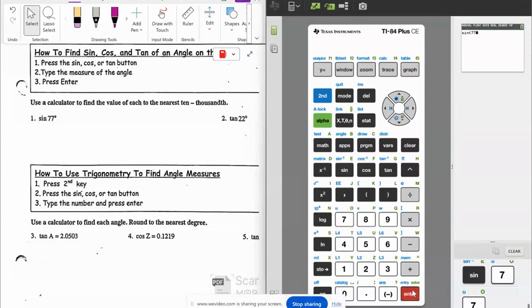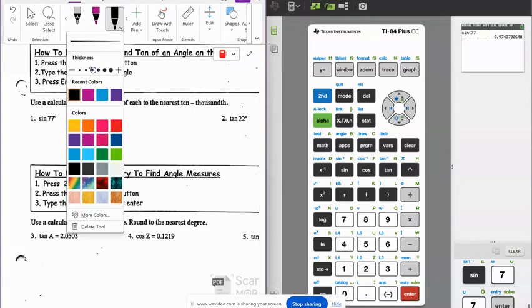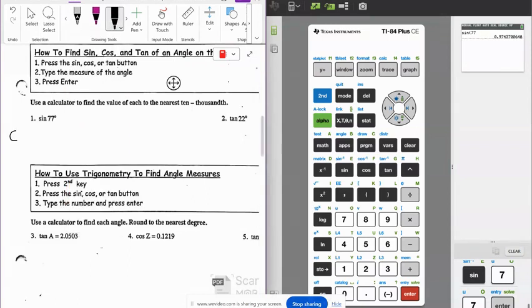And then we will press enter. So now if I write out this whole decimal, I will get 0.97437000648.